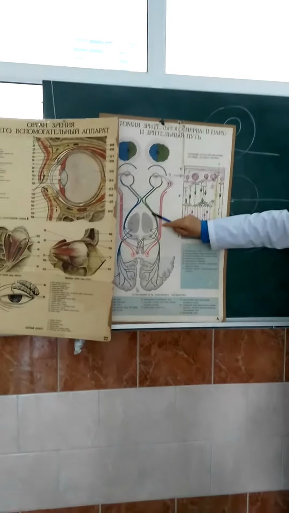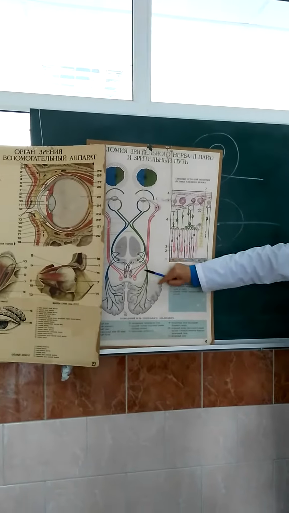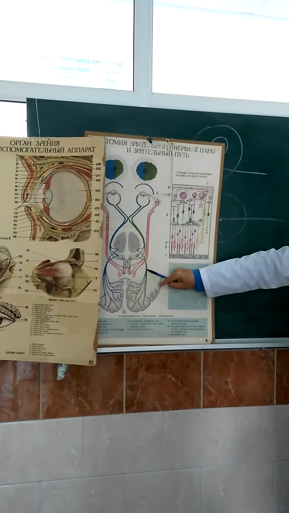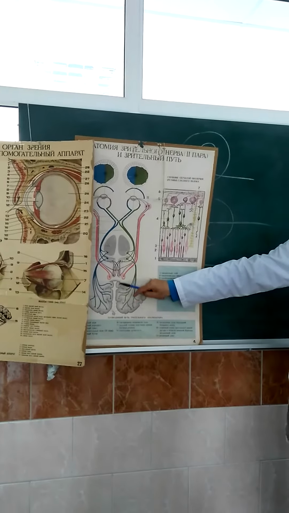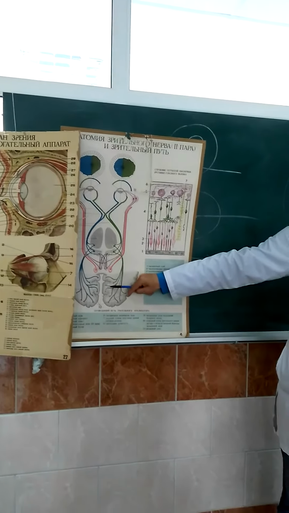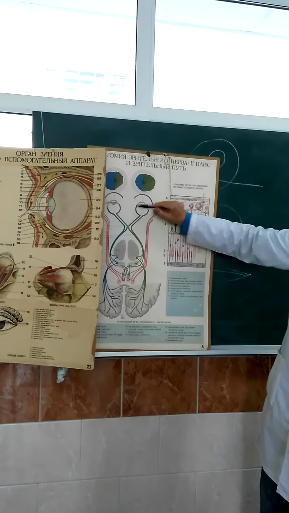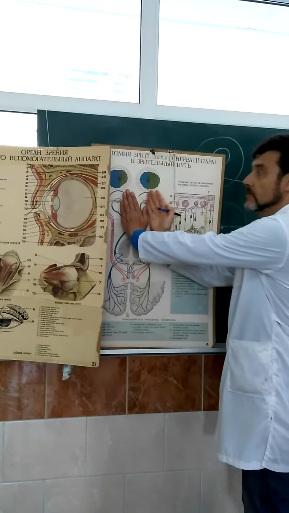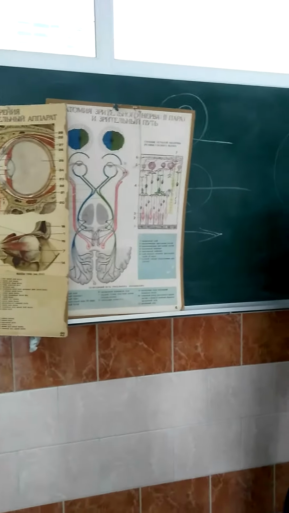In case of destruction of tractus opticus, corpus geniculatum laterale, capsula interna, or the corresponding place of the cortex, information will be blocked from two halves of both eyeballs. And the patient will see only half of the information.